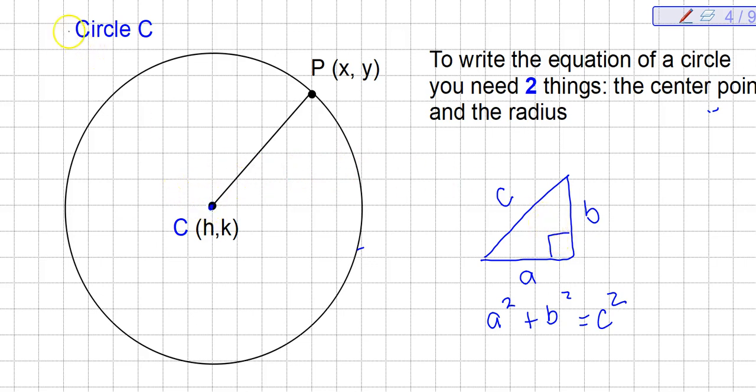This is circle C. Circles are named by their center point, and the center point is C, so this is circle C. And notice that the center of circle C is HK. That's my center point. And point P out here at XY is a point that's on my circle. And all the points, if I take this radius and I start spinning, all these points are equidistant from the center, right? I could go radius this way, right? Or radius that way. I can go lots of ways.